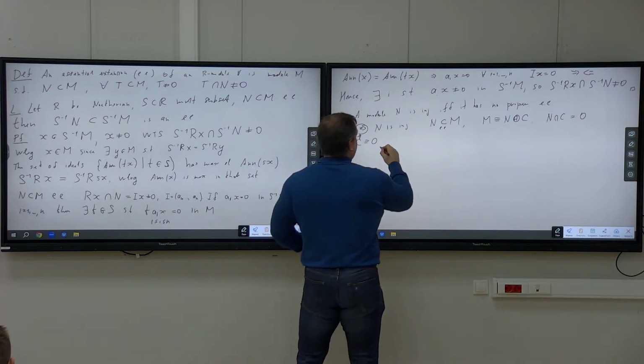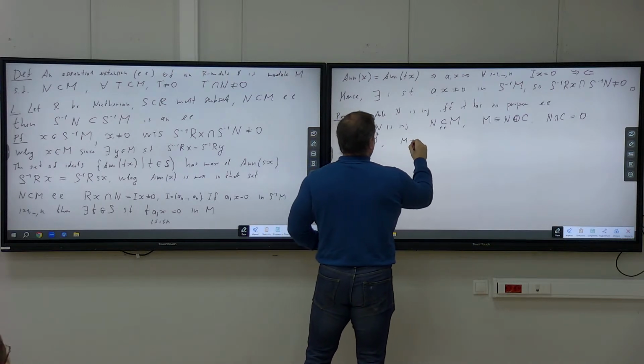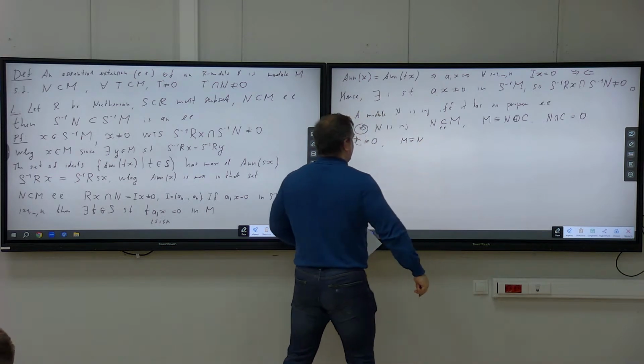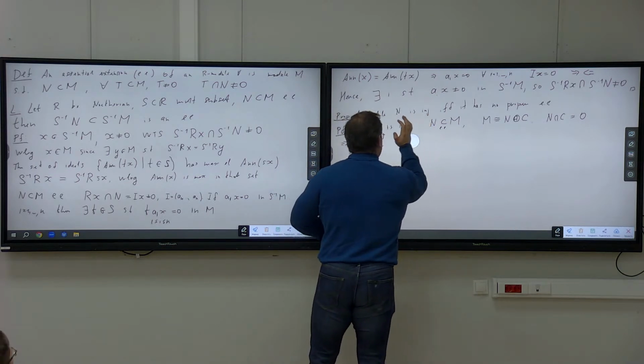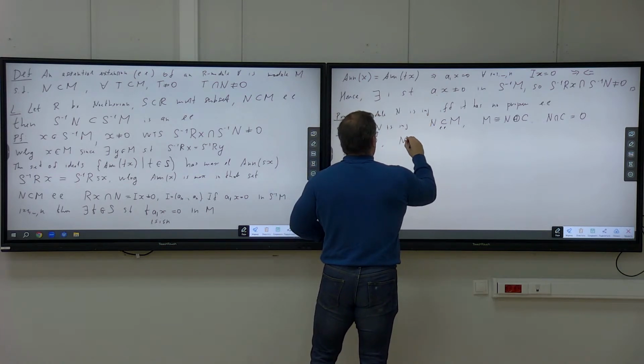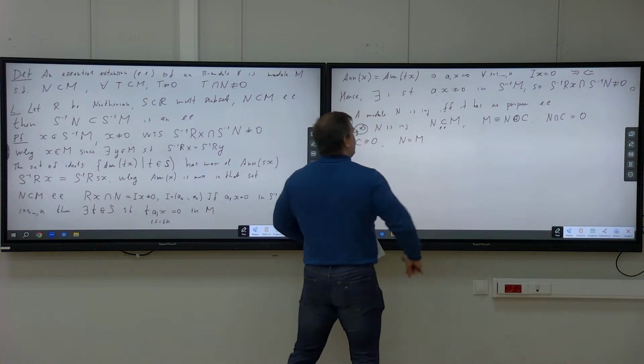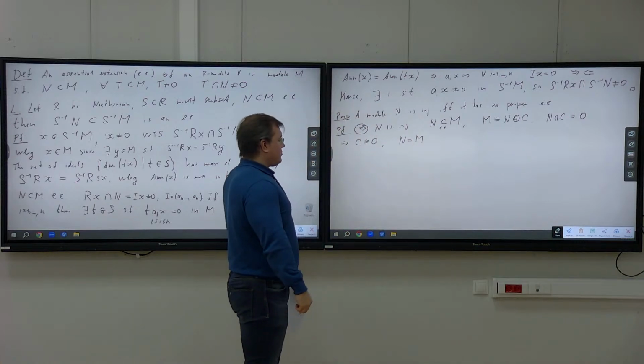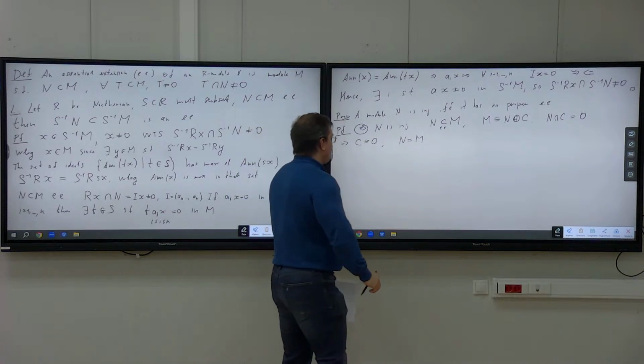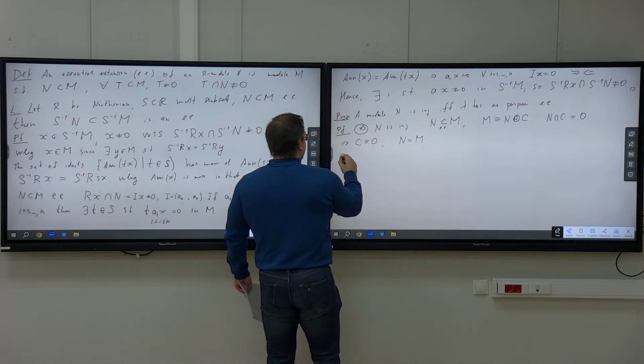And if C is 0, it means that M is not just isomorphic to N, they coincide. N is the same as M. If there is a submodule and they have to be isomorphic, it's only possible when they coincide. So that's the whole proof in one direction.